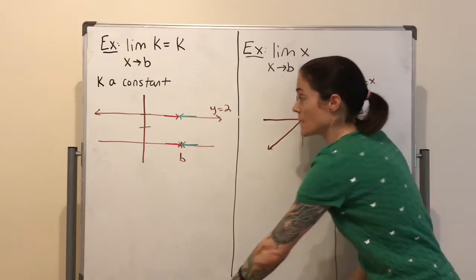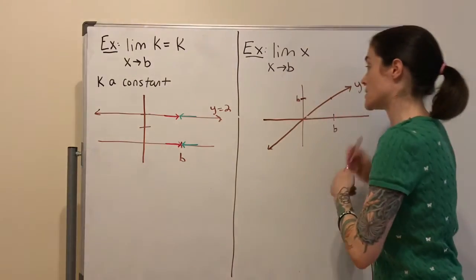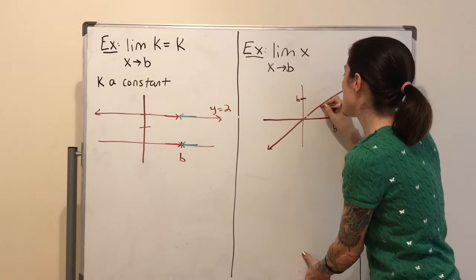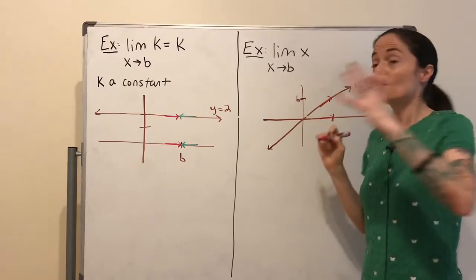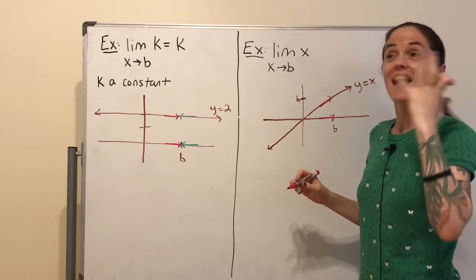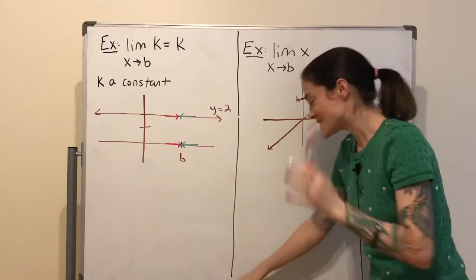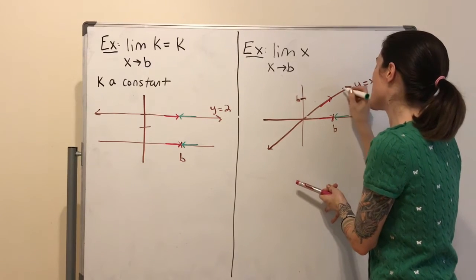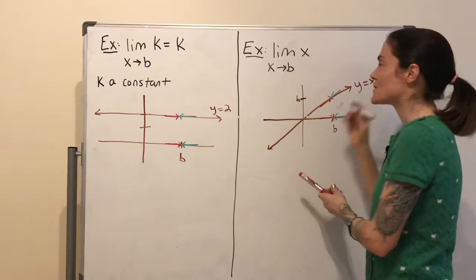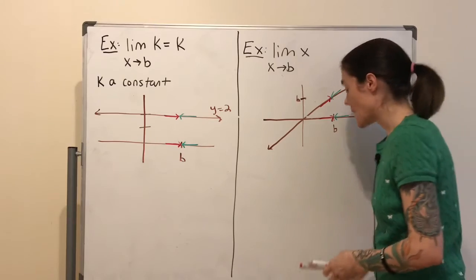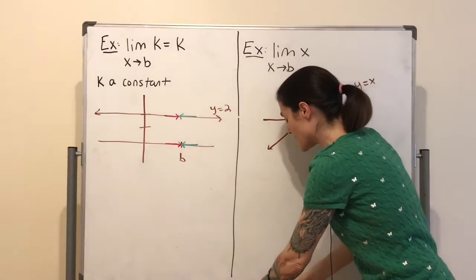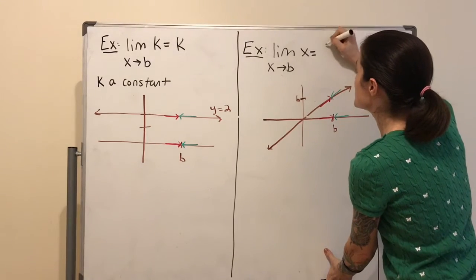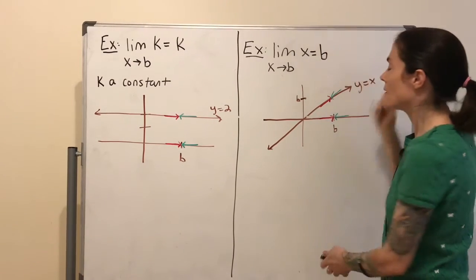If we come in from the left, x approaches b, the y value approaches, well, also b, right? And similarly, we approach from the right. x approaches b, y value approaches b. And so we see here the limit as x approaches b of just x is b, okay?